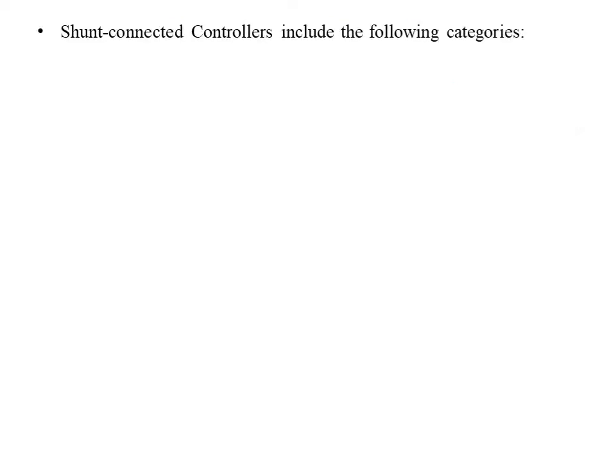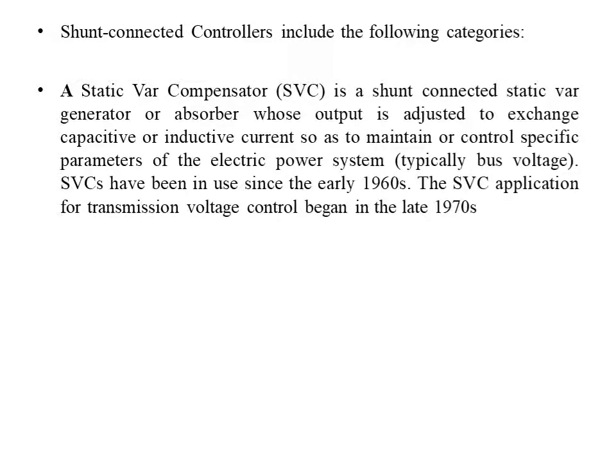Shunt connected controller includes the following categories. First, static var compensator or SVC. We have already studied this at your UG level. In FACTS, a static var compensator is a shunt connected static var generator or absorber whose output is adjusted to exchange capacitive or inductive current so as to maintain or control specific parameters of the electric power system.